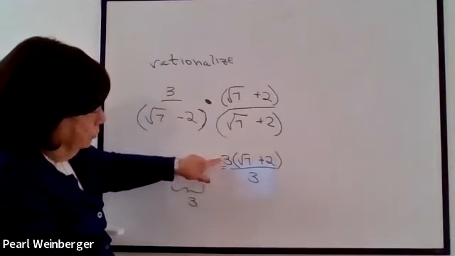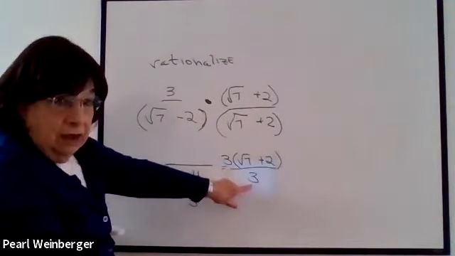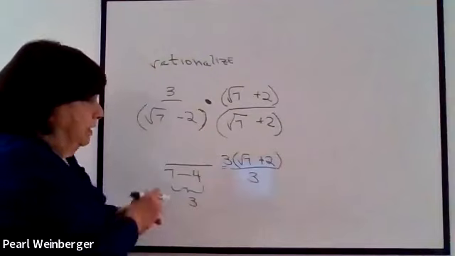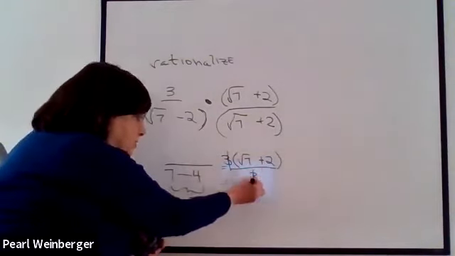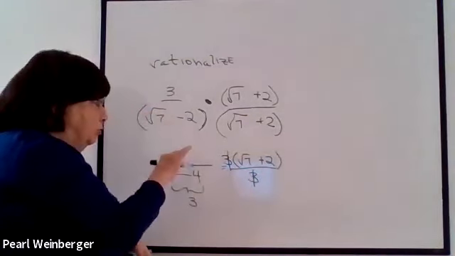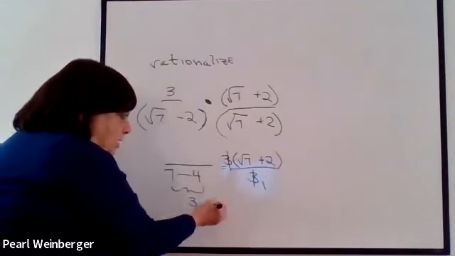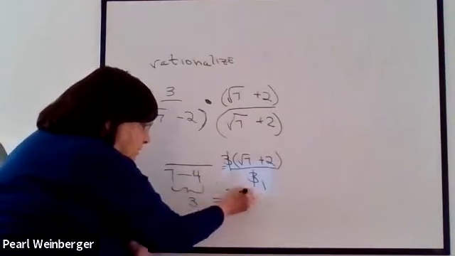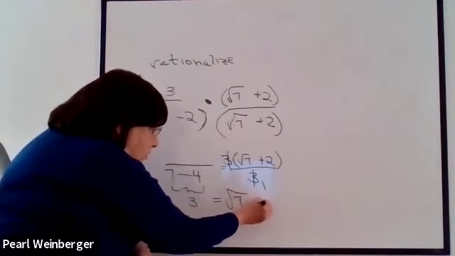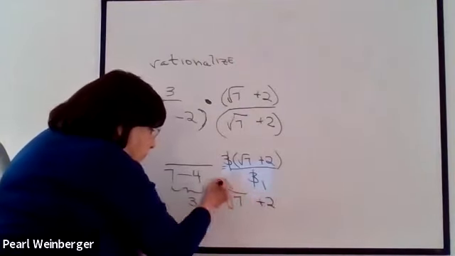It has a factor of 3. The denominator is also a 3. I can now cancel out the 3's. I can only cancel out the 3's because they're factors. Remember, this is now a 1. So my final answer comes out to be radical 7 plus 2.